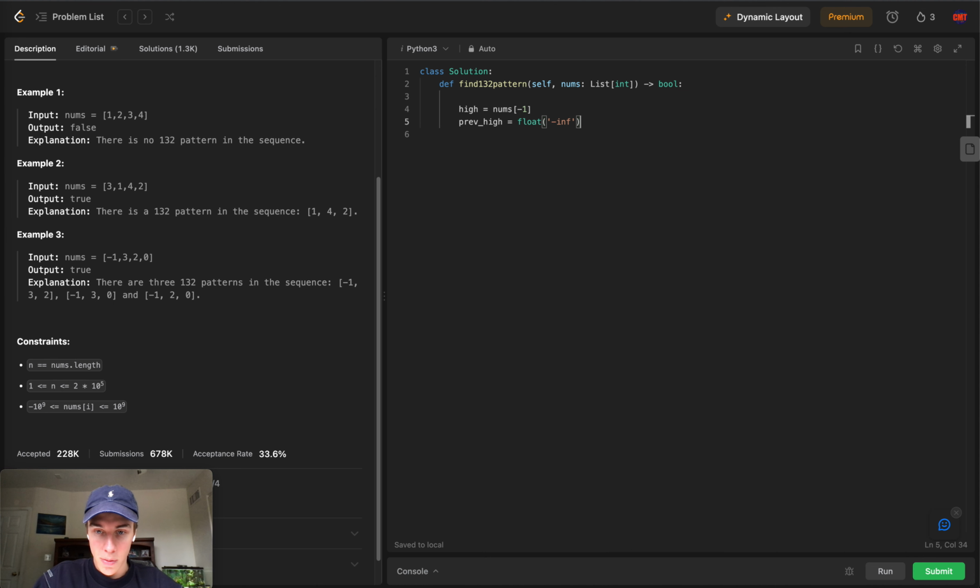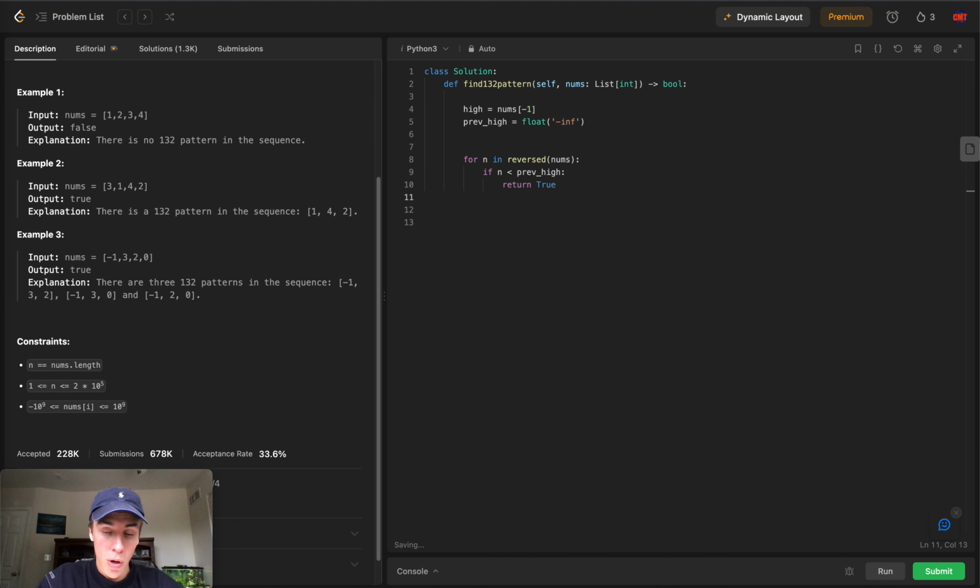This is also possible. Okay, and now we say that for n in reversed nums, I want to say, if n is less than prev high, then return true.